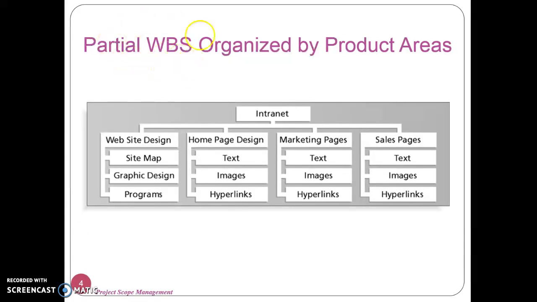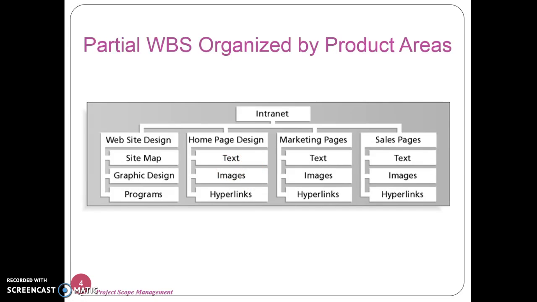We are connected with the intranet, so we have different scopes like website designing. When we come to website designing, the site map is most important, then site graphics, like how you design a graphic, the look and feel, and then finally the program part comes into the picture. Like homepage designing, when you create a homepage, you need to understand what text you enter into the homepage, your content area.